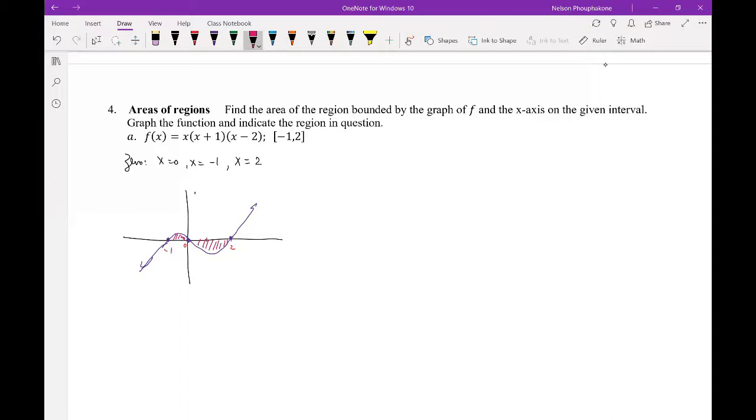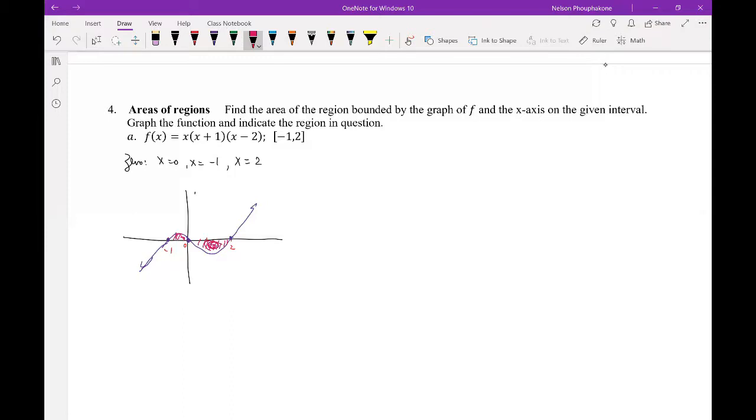Now, one thing you have to understand is that this one right here is positive, then this is negative. So therefore, if I want to find the total area, what do I need to do? I need to separate how I integrate it.